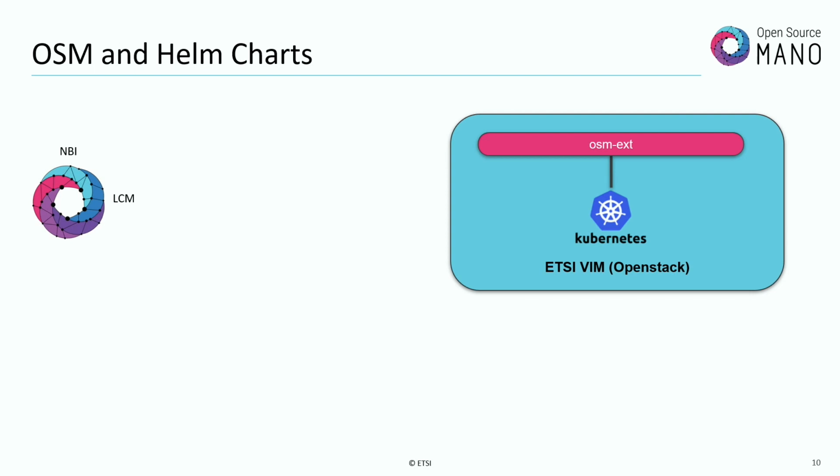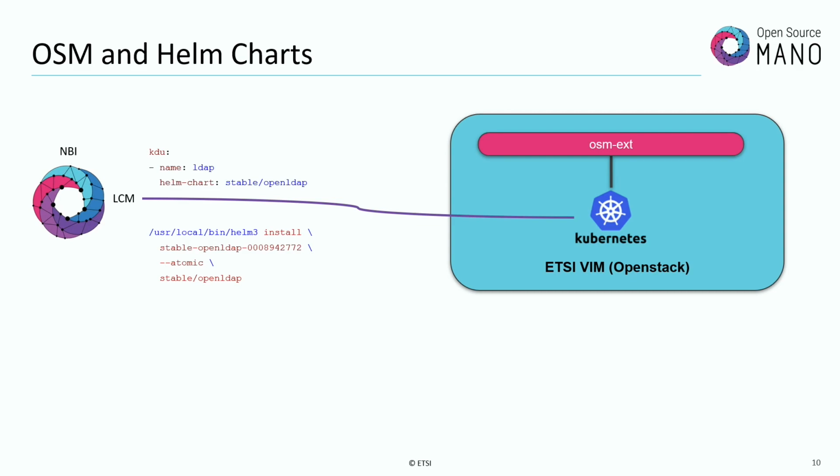It's then going to take that request and make a VNF resource record for it, which is going to have all the information about the final deployed VNF. It puts a message on the Kafka bus, LCM wakes up, and says, okay, the first thing I need to do is figure out where this is coming from. So it gets the package descriptor, the KNF descriptor, looks it up and says, oh, there we go. This is going to be a Helm chart, and I'm going to deploy a Helm chart called stable OpenLDAP.